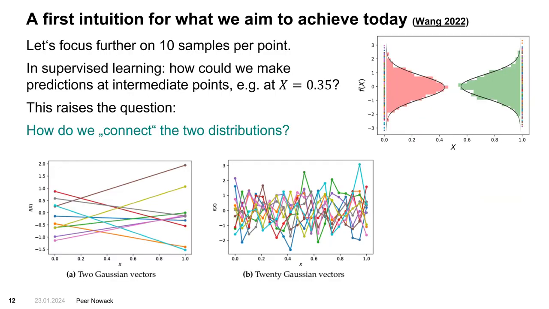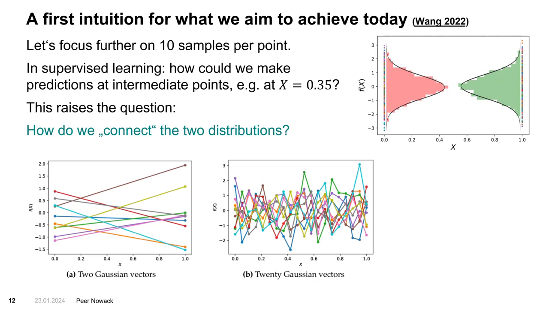Now, this is all taken from a not perfectly written tutorial by Wang, but I think it helps to get the intuition across. So if you had, say, 10 samples from these distributions at x equals 0 and x equals 1, then you could ask yourself, and this is basically what we do in machine learning all the time, what would be a good prediction based on the points we have here for, let's say, x equals 0.35 or some value in between?